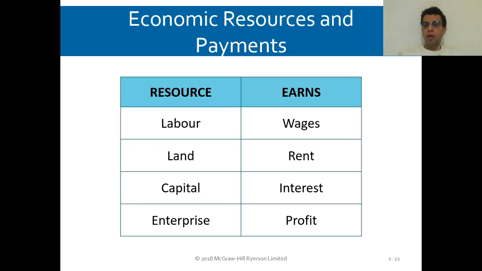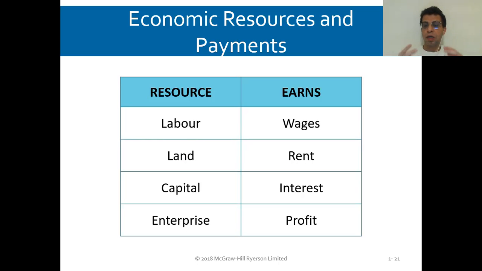Now, how do these resources get paid? Once you know how the resources get paid, it's easy to distinguish between them. Anything that gets wages or salaries is called labor. Anything that gets paid through rent is called land.